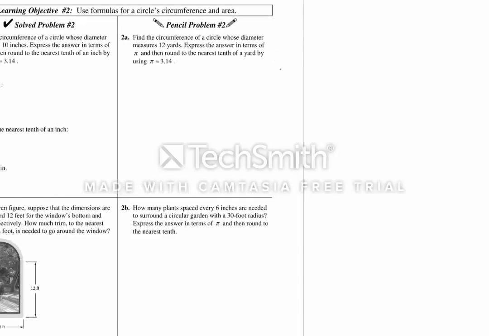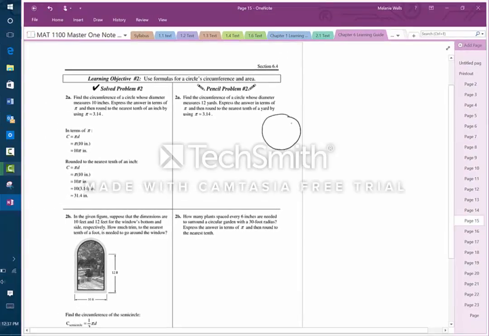2A says find the circumference of a circle whose diameter, so diameter is going to be all the way through the center of the circle, is 12 yards. Express the answer in terms of pi and then round it to the nearest tenth of a yard by using pi equals 3.14.